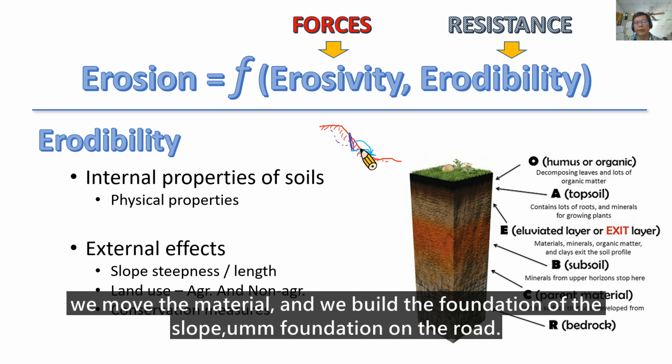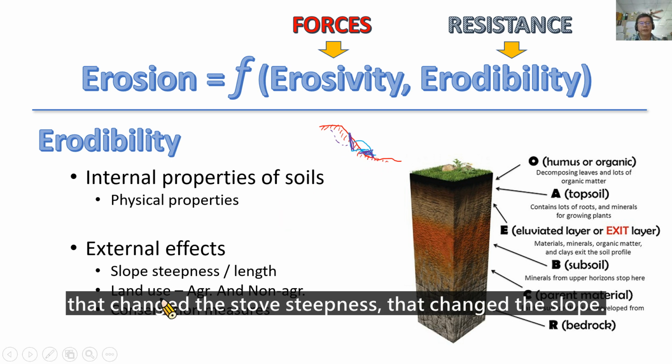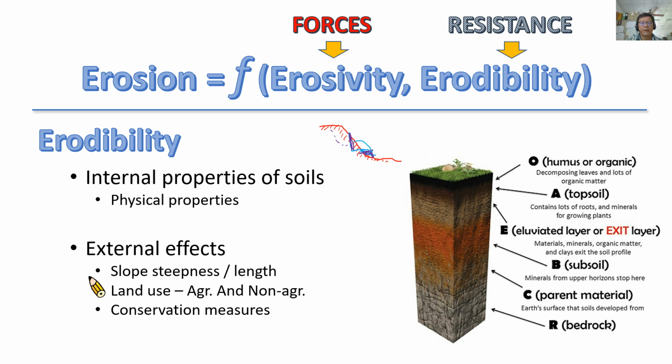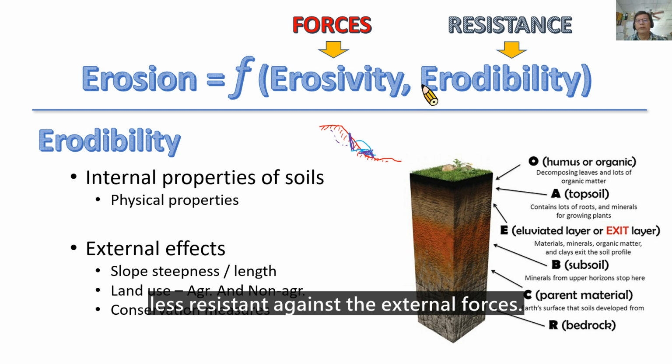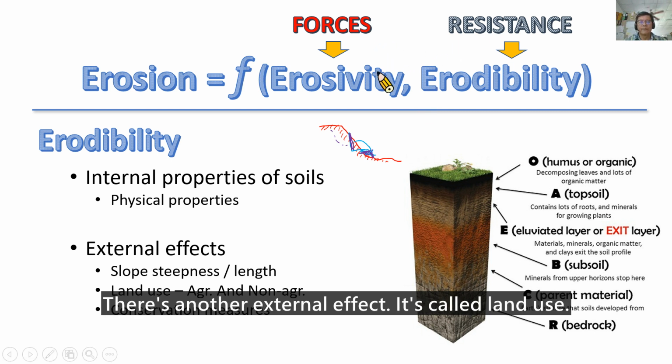We cut the slope, we move the material, and we build the foundation of the road. That changed the slope steepness. That is the external effect that makes this soil less stable, and we also make the soil less resistant against the external forces.